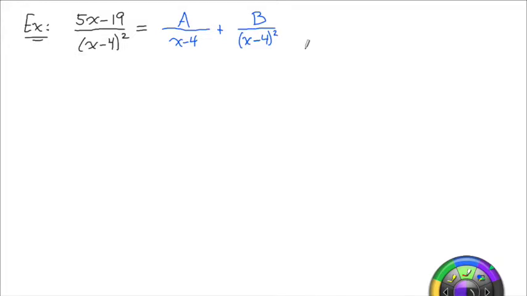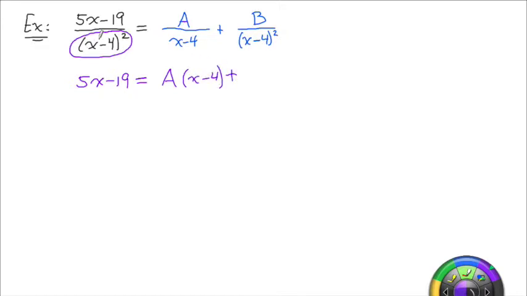You're going to multiply through by the common denominator, which happens to be all of this. When you multiply it through, these will cancel itself out. You're left with 5x minus 19 is equal to, when this factor hits this fraction, one of the x minus 4s is going to go away, so you're going to be left with a and a factor of x minus 4.